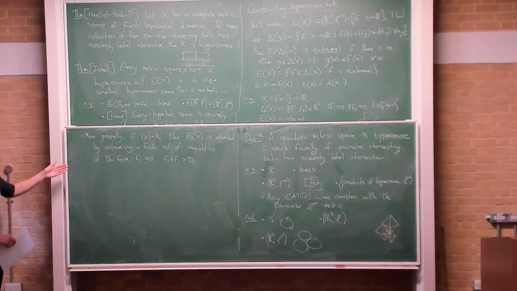So in particular, E(X) is a finite polyhedral complex.